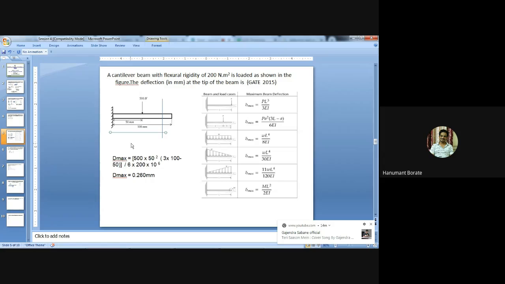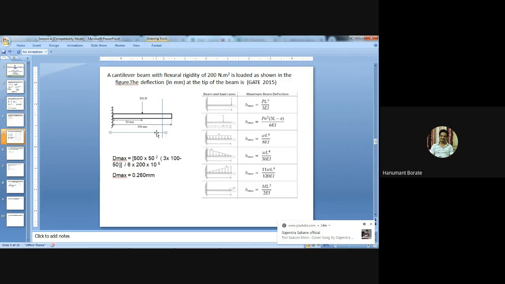Then again we need to integrate, and finally we will get the equation for the deflection. And then we apply boundary conditions. Boundary conditions mean we vary this x at the support. Suppose we move this section to the fixed support.